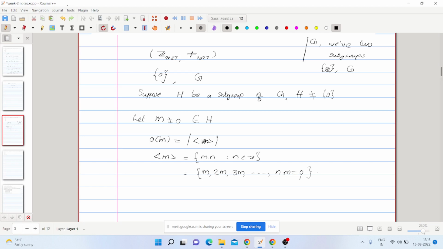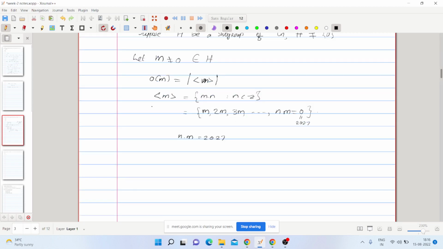What is the identity? The identity 0 is the same as 2027, because we are taking addition modulo 2027, meaning the remainder when divided by 2027. When we divide 2027 by 2027, we get 0. So we need nm equal to 2027. See, this 2027 is a prime.